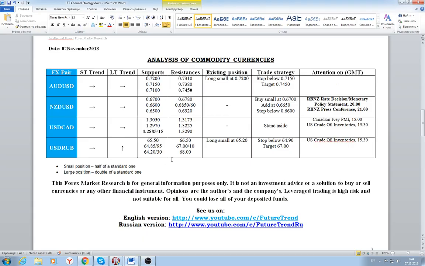Once again, despite the midterm election results in the United States, the situation still remains more or less stable. We don't see any big changes in world financial markets, and as a result, it's probably time to concentrate on technical factors.